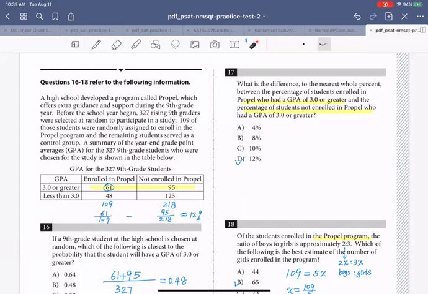Does that make sense? Yes. You cannot compare them directly because you chose fewer people here. This total sample is double this one.